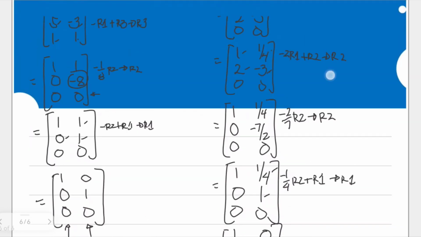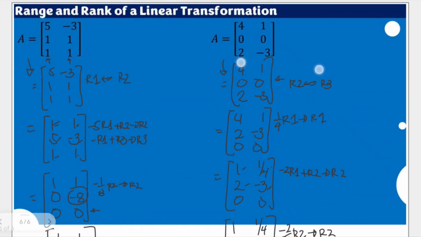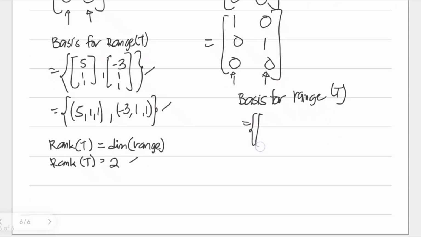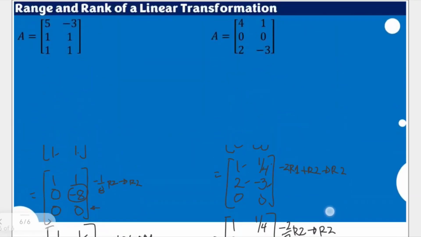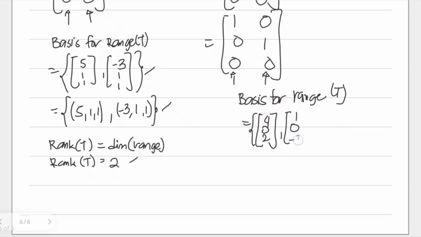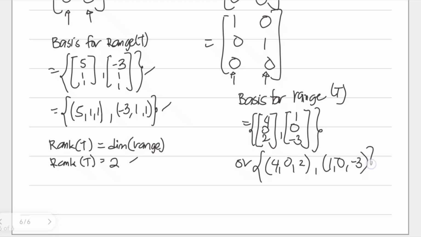In our original matrix, we have 4, 0, 2, 1, 0, negative 3. So you have 4, 0, 2, and then positive 1, 0, negative 3. Or you can use this 4, 0, 2, and then 1, 0, negative 3.